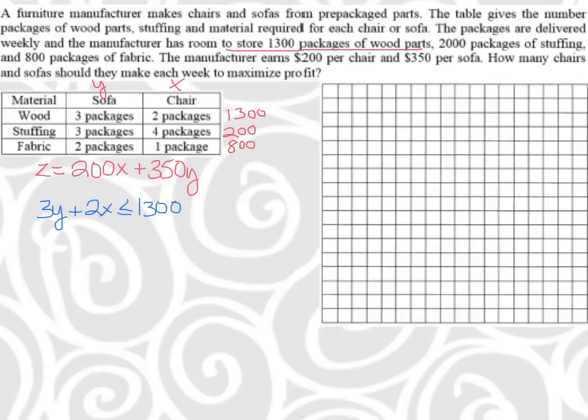Okay, and then your next one is 3y plus 4x is less than or equal to, oh, I wrote 200, but I'm sorry, I meant 2,000 there. So 2,000, and then my last one is 2y plus 1x less than or equal to 800.